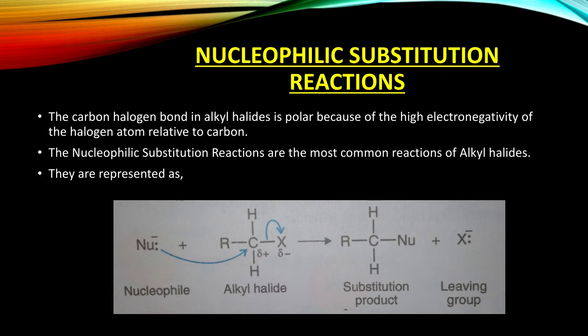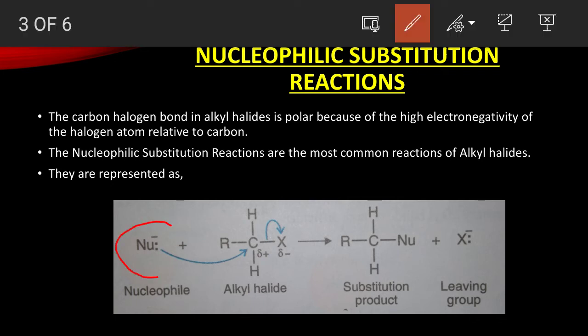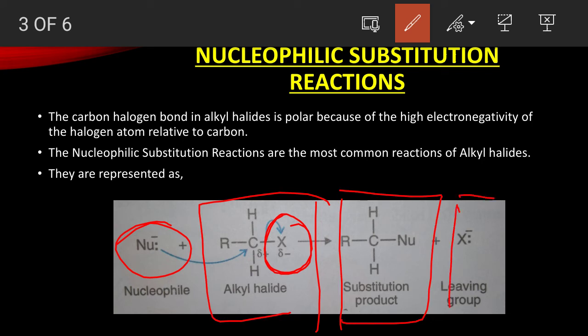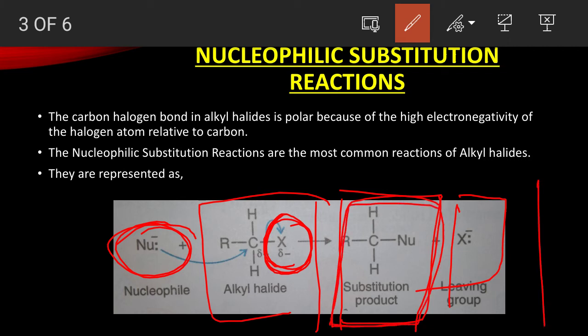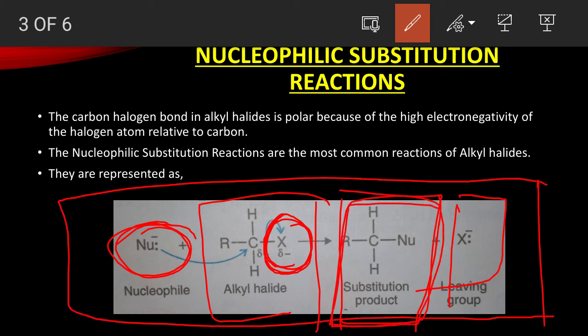In a nucleophilic substitution reaction, a nucleophile replaces the halogen atom in the alkyl halide. It means substitution takes place. The halide ion is replaced by another nucleophile, and it forms a substitution product. This reaction is called a nucleophilic substitution reaction.